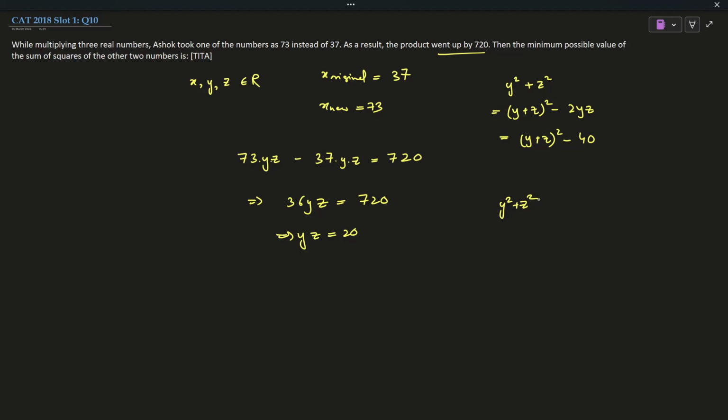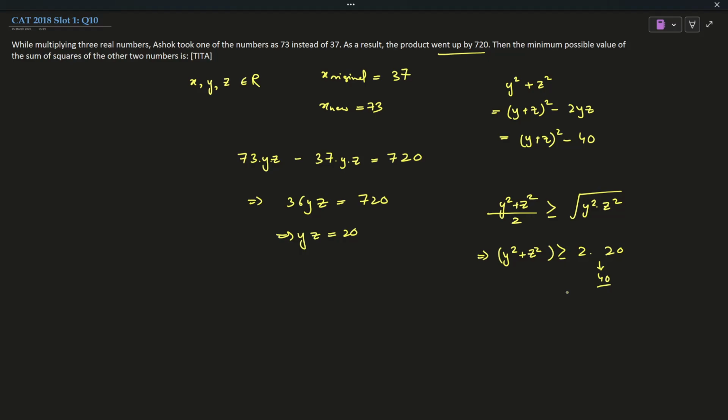I can write like this: y square plus z square by 2 is greater than or equal to the square root of y square into z square. This is the AM-GM inequality. Y square and z square are anyways positive. So I can write y square plus z square is greater than or equal to 2 times 20, which is basically 40.